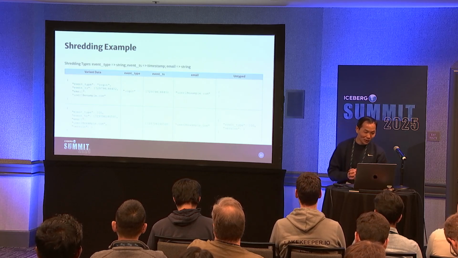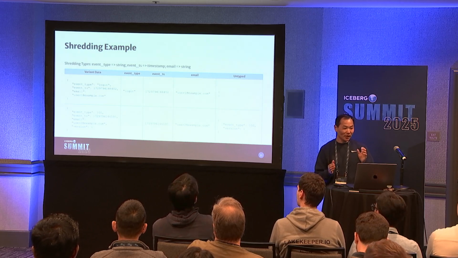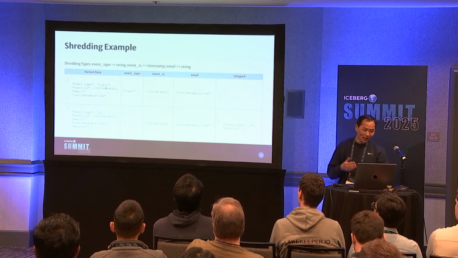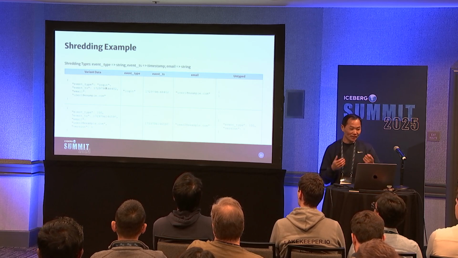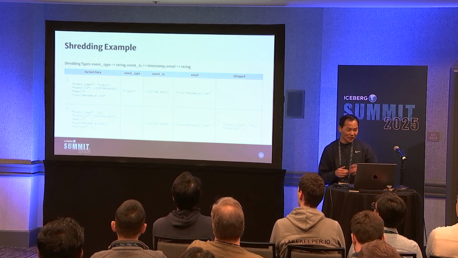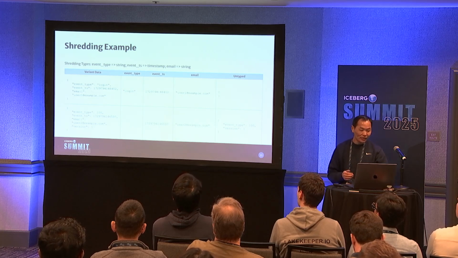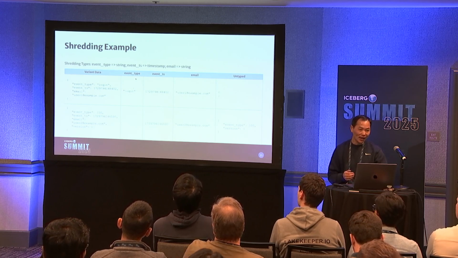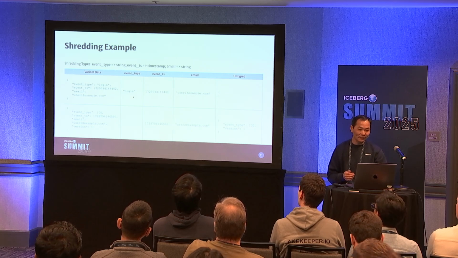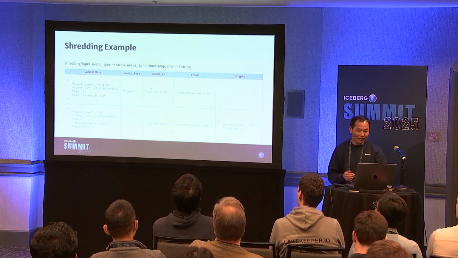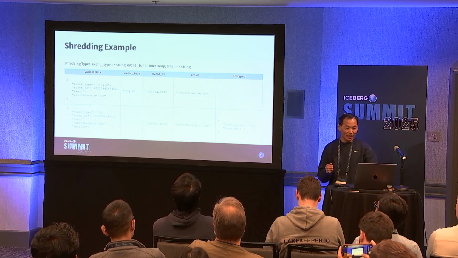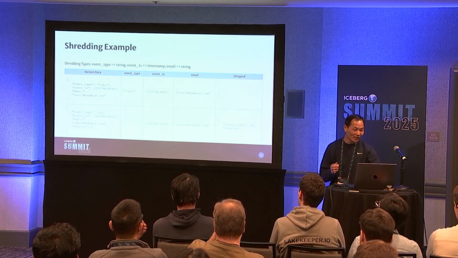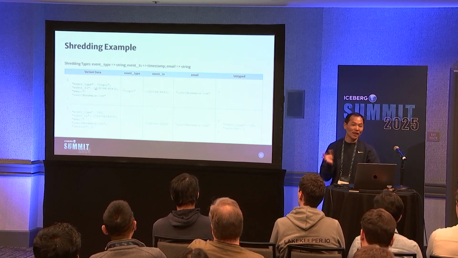Here is a simple shredding example. Let's assume we're going to shred event type to string, event TS to timestamp, etc. For this variant data type, we're going to have a column event type with value login, and event TS with a timestamp, and email. But the untyped field is going to be empty because everything can be shredded.